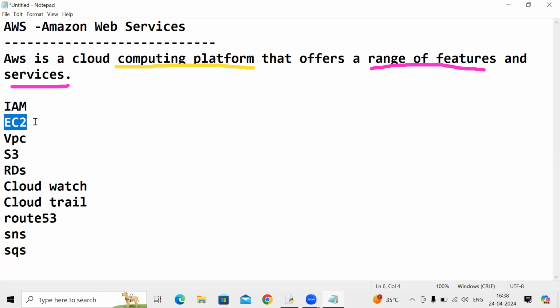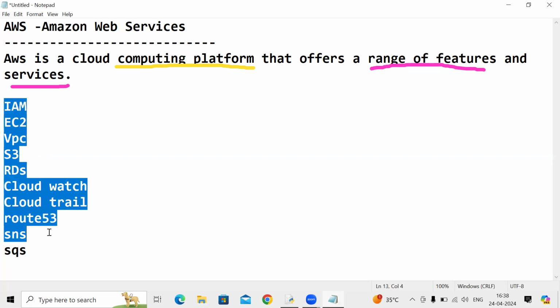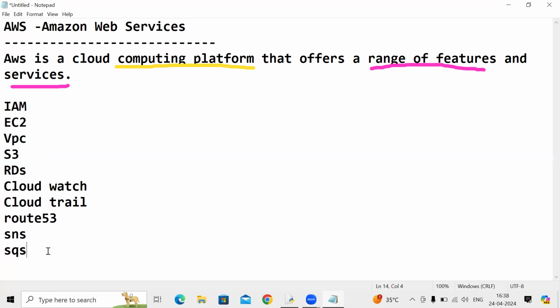At first, I will explain the theoretical concept with the definitions, how it works, and in which cases we have to use EC2. Then I will show you the practical way in the Amazon Web Console. In this way, I will teach you each and every module step by step with a practical example, guys.